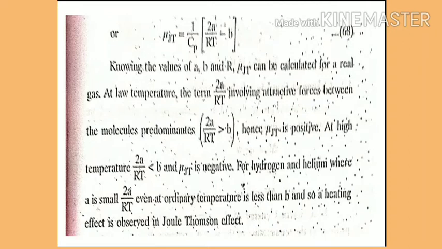And for hydrogen and helium, 2a upon RT is always less than b. So for hydrogen and helium, mu_JT is always negative. So a heating effect is always observed in the case of hydrogen and helium.